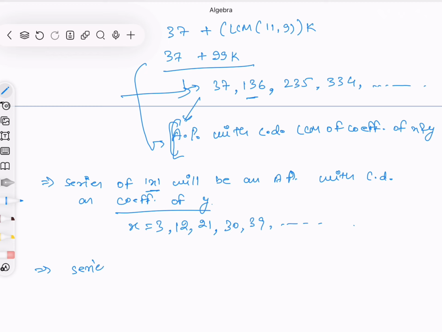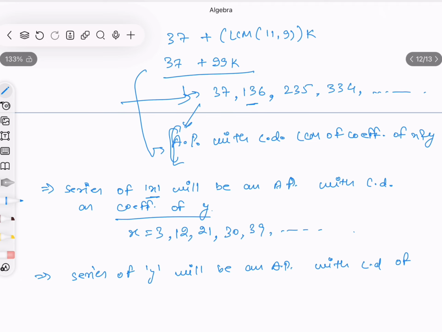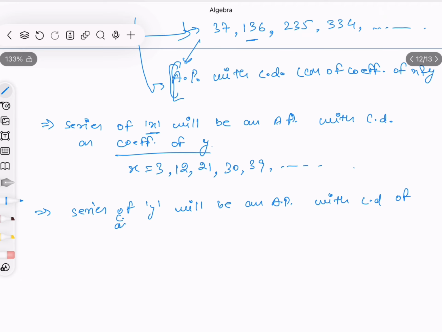Similarly, the series of y will also be an AP with common difference as the coefficient of x. What was the first value where x was 3? It was 4, right?